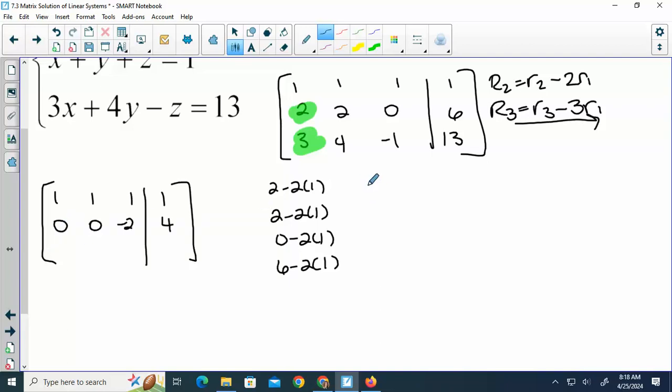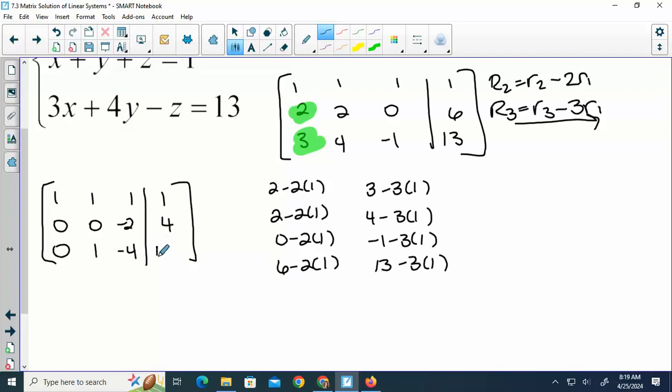For the third row, we have 3 minus 3 times 1 is 0. 4 minus 3 times 1 is 1. -1 minus 3 times 1, -4. And 13 minus 3 times 1 is 10.